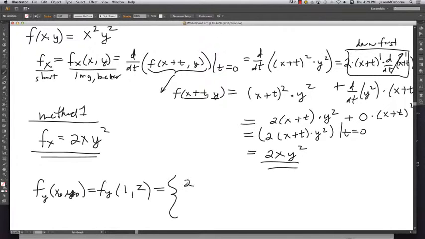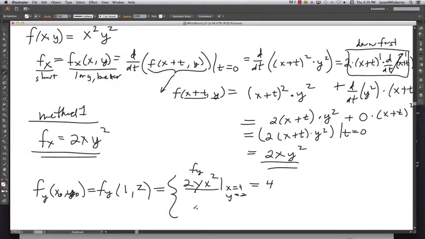You can just take the 2y x squared that you're going to get. That is the partial derivative of f with respect to y. And then you can just substitute in x is equal to 1 and y is equal to 2, which will give you 4.